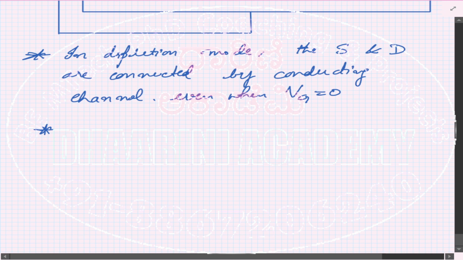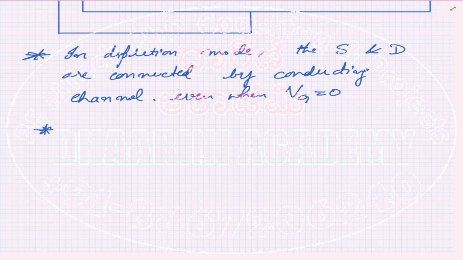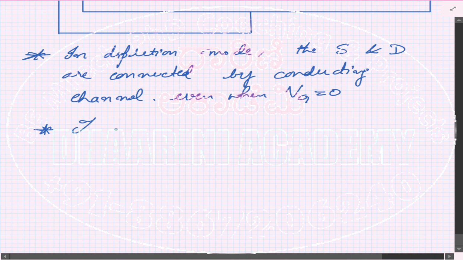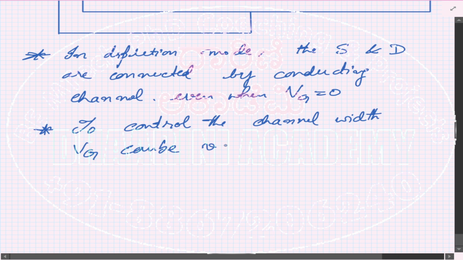This is the important aspect. Previously VG was 0, no channel. The VG had to be a specific value to get a channel, but now it's not like that. So the manufacturer will put a channel there built in, but the channel width can be controlled by applying a voltage to the gate terminal. The VG can be varied.